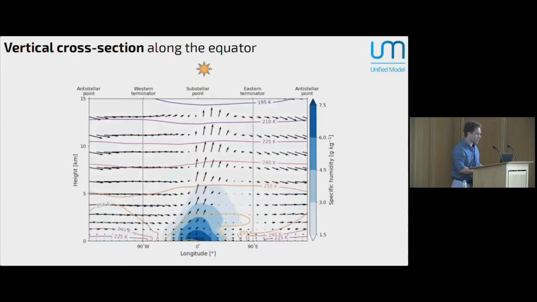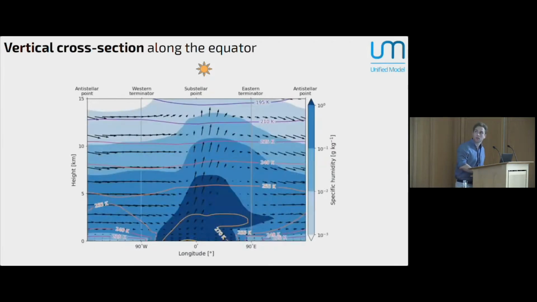And if you overlay that with the specific humidity contours, you see how it's concentrated on the day side where all the evaporation is happening. And then if you rescale it to a logarithmic scale, you see that it eventually is being transported to the night side as well, as clouds and heat.